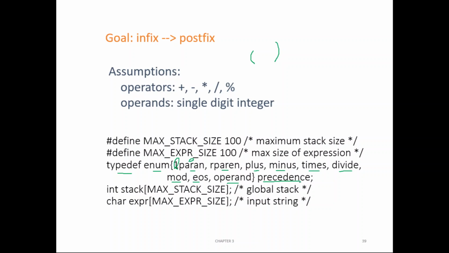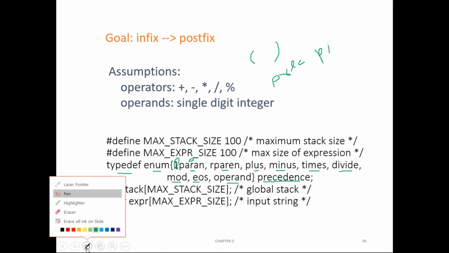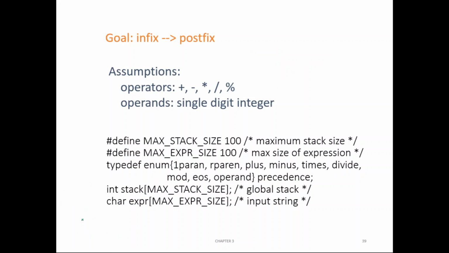You can create a variable for precedence. If I create a variable p, precedence p, then p can hold any one of these values: left parenthesis, right parenthesis, plus or minus, whatever it may be. Accordingly, that number p will be holding. So this is how this works.